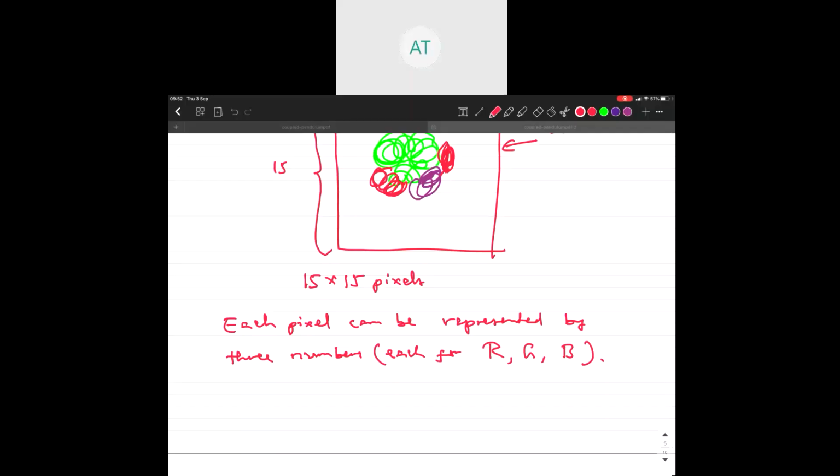Each of these R, G, and B will have a specific numeric value, and a combination of R, G, and B will tell you which color it is.